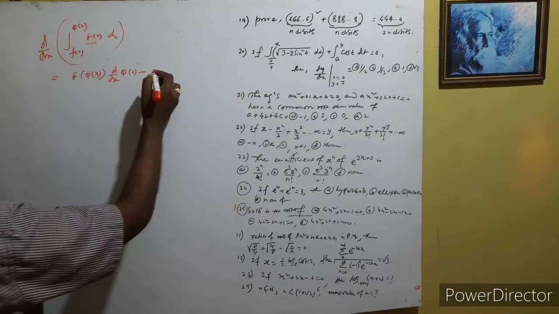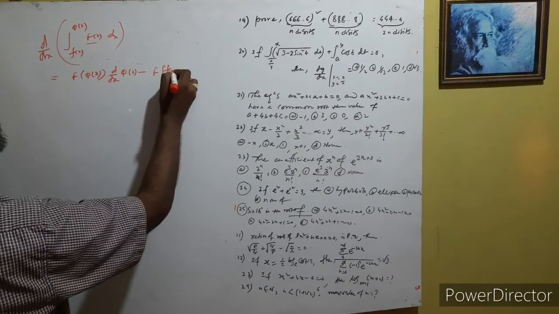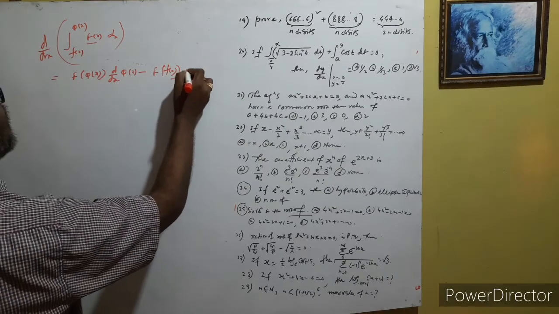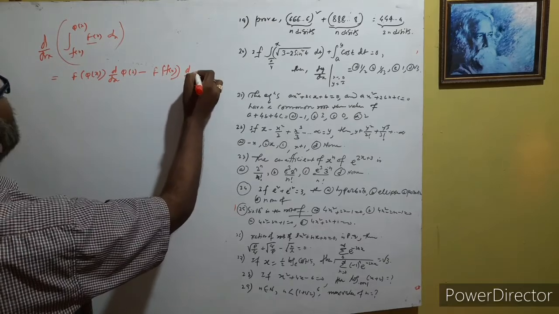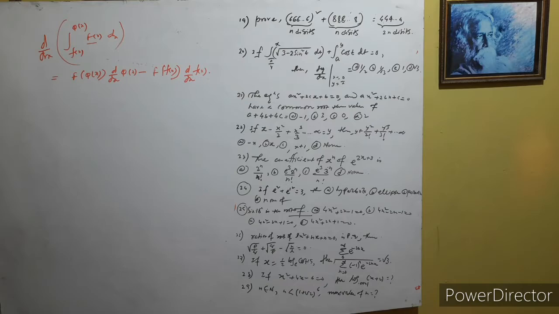Again, put phi of x in the place of t, into d/dx. Okay, this is the rule here.